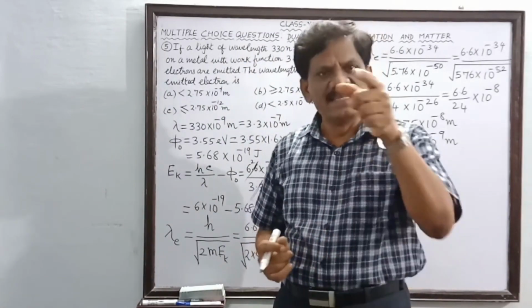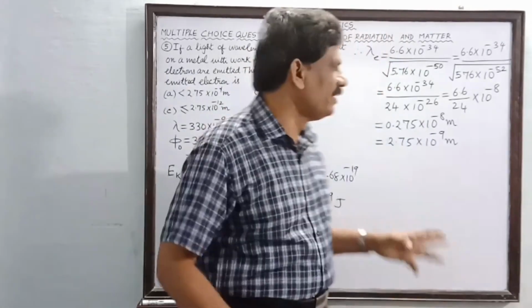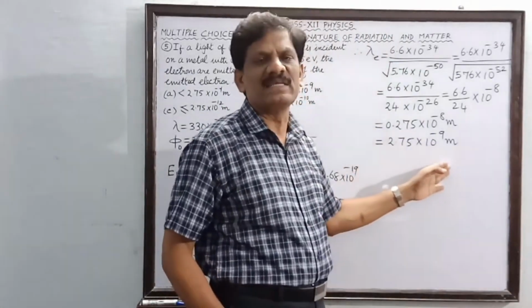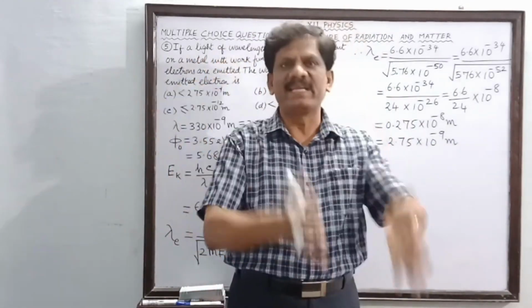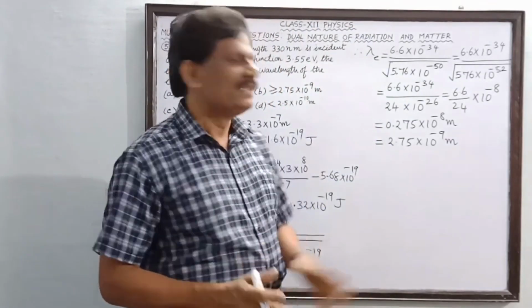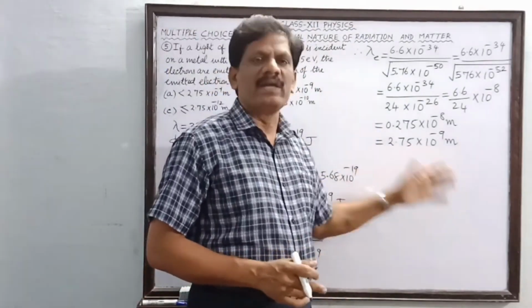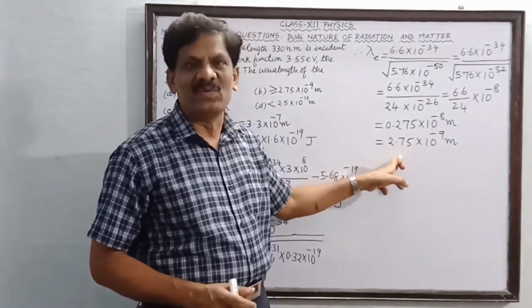Understand? So this wavelength itself, 330 nanometer, has emitted a de Broglie wavelength of this much, which means any other wavelength less than this 330 nanometers incident on the metal, naturally the de Broglie wavelength of the emitted electron must be greater than this value only.